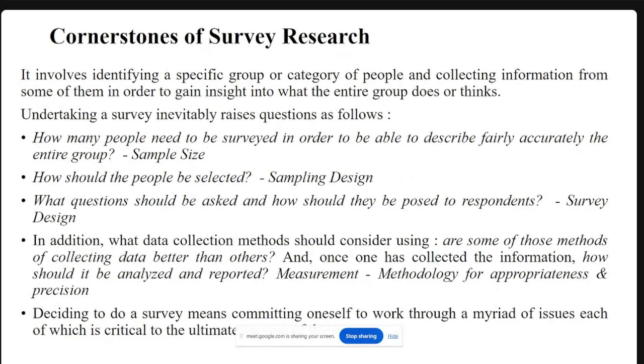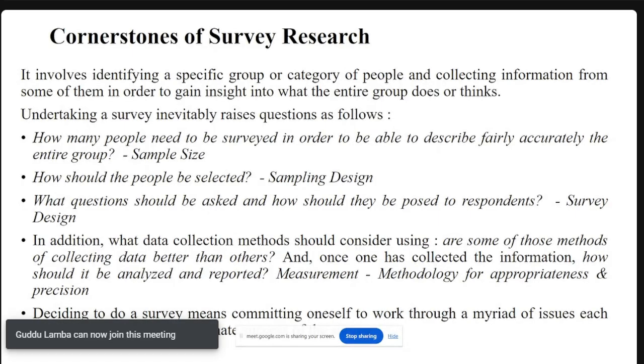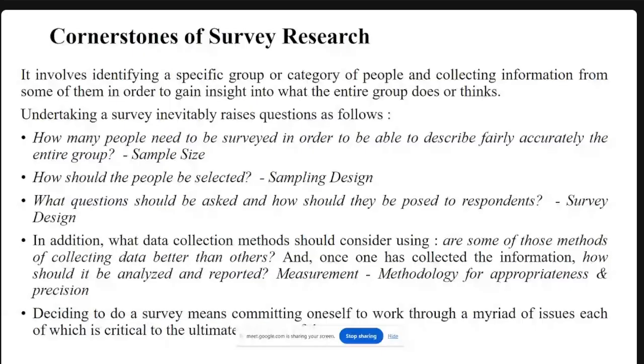The second, suppose you have decided that your sample size should be 500. Okay, so 500 people you will be interacting with, for quantitative purposes, whatever the method of doing the survey or interactions. But the question is who will be these 500 people out of the 5,000 population size?